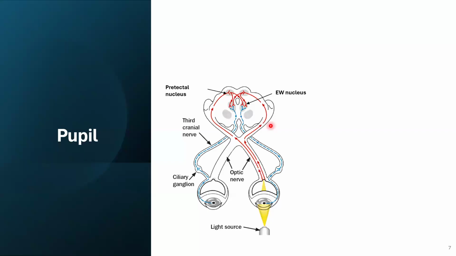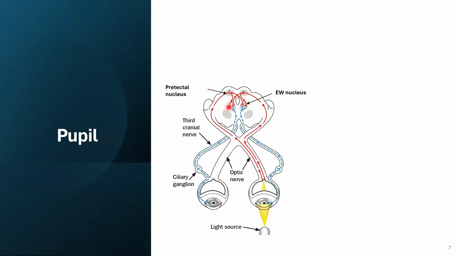The pupil examination. Before we discuss how to examine the pupil, let's discuss how the light travels inside the brain. So the light is absorbed by the photoreceptors in the retina, and then will be transferred to the optic nerve, then goes through the chiasm, and then to the pretectal nucleus in the midbrain, and then two signals will go to both sides to the third nerve, more specifically the Edinger-Westphal nucleus.